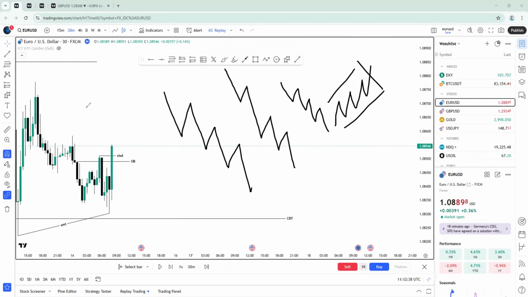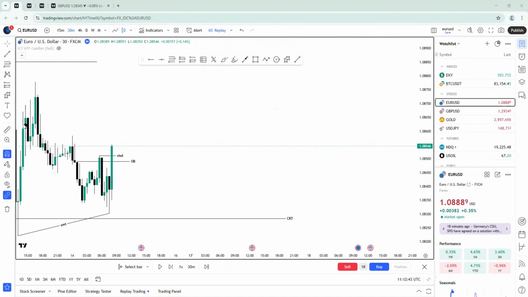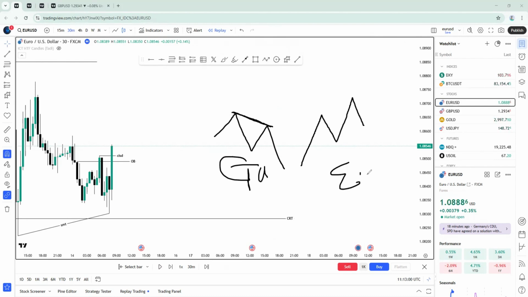And also, let me put it this way. Let's say, for example, we have GU making a lower low, and then we have Euro USD making a higher high. This is what we call SMT. If this is GBP USD and this is Euro, this simply means that Euro is making a trap.